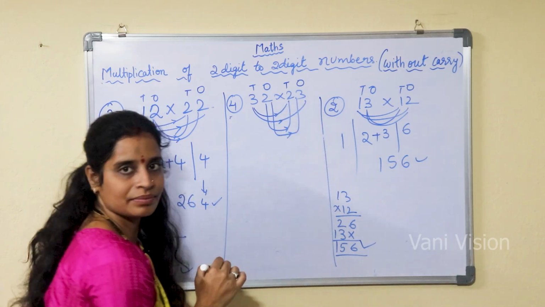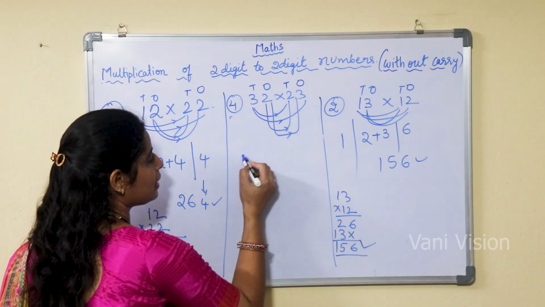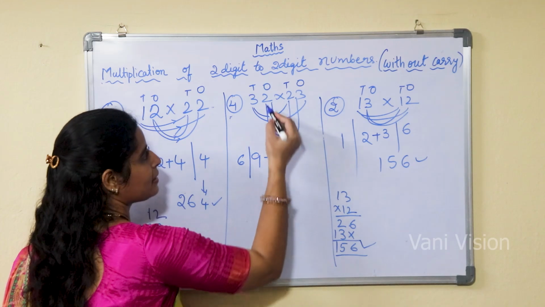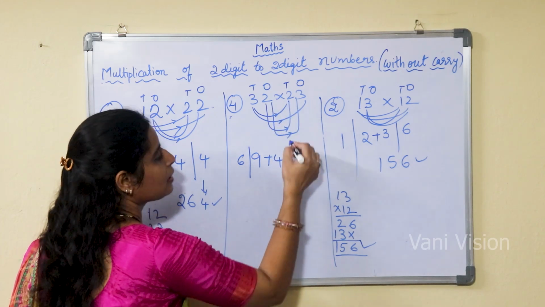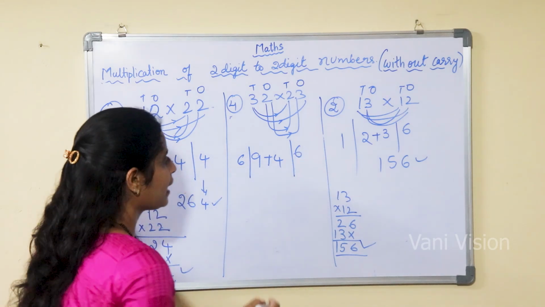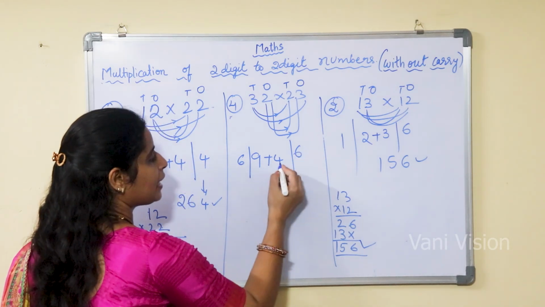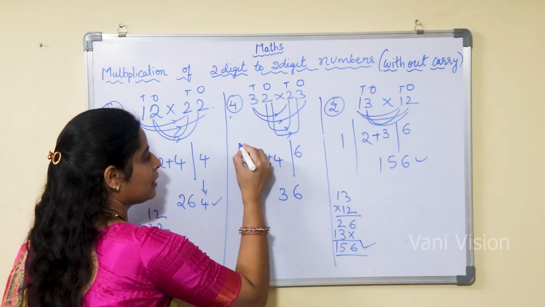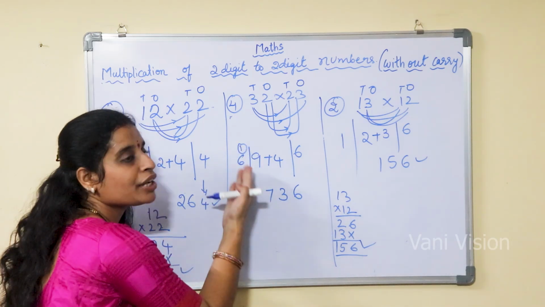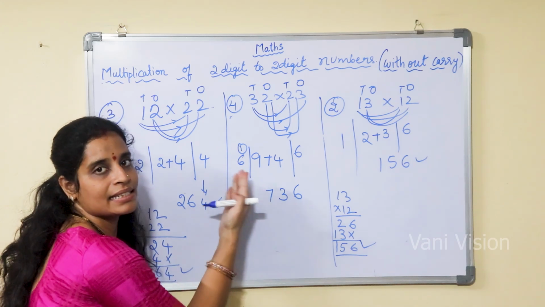First, second. Okay. Then 3 2s are 6. 3 3s are 9, plus 2 2s are 4, separate. 2 3s are 6. Then 6, 9 plus 4 is 13, 7. If we get a carry also, we can do it easily.